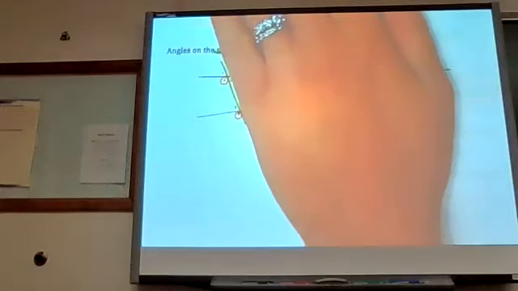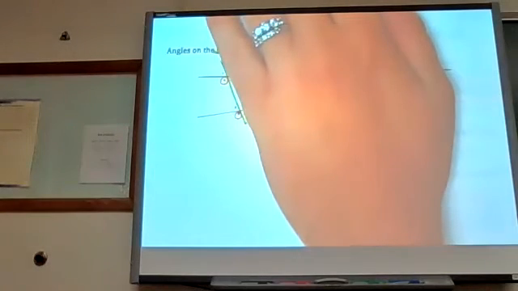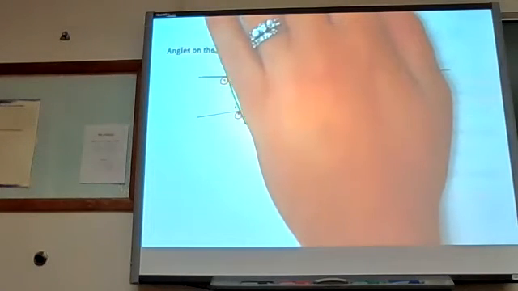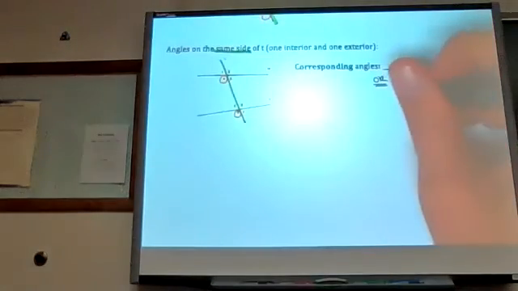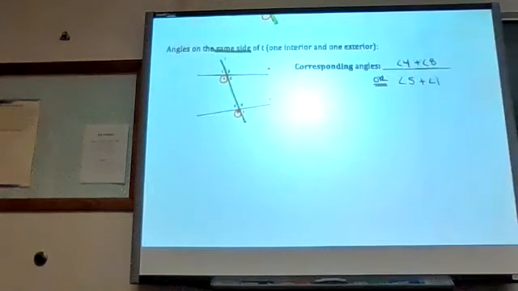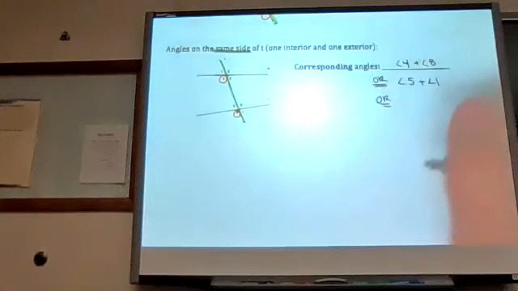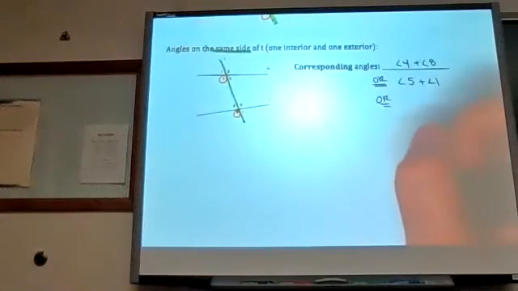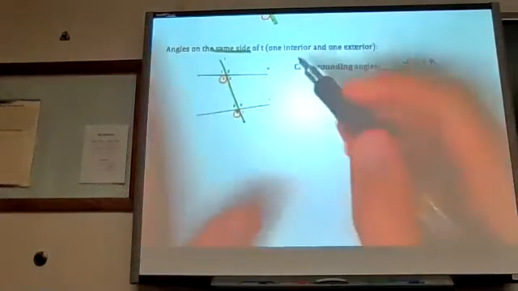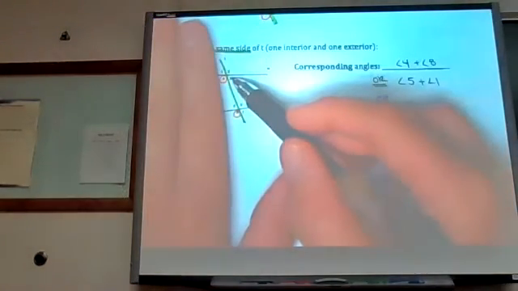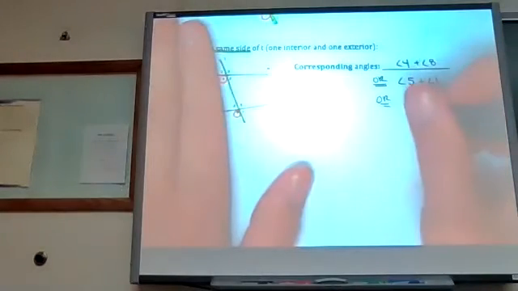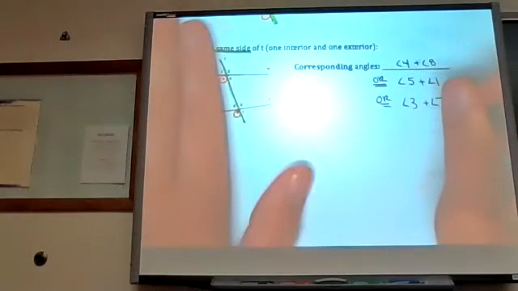Or on that left-hand side, what would be the other set of corresponding angles? 5 and 1. And what would be another set? 3 and 7, exactly.